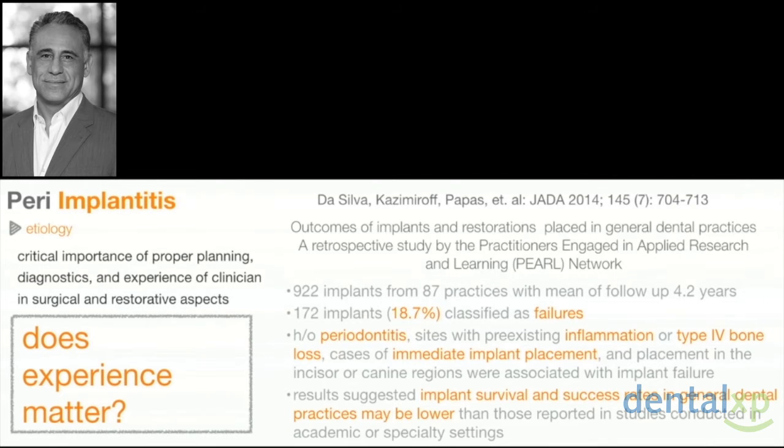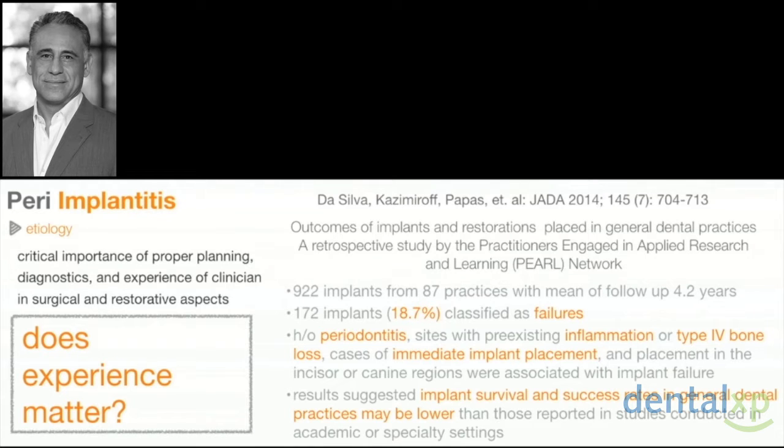And there were various reasons that were reported: history of periodontitis, sites with pre-existing inflammation, type 4 bone loss, and also some cases of immediate implant placement. And ultimately, the results of the study suggested that the implant survival and success rate in general dental practices may be lower than those reported in studies conducted in academic or specialty settings.